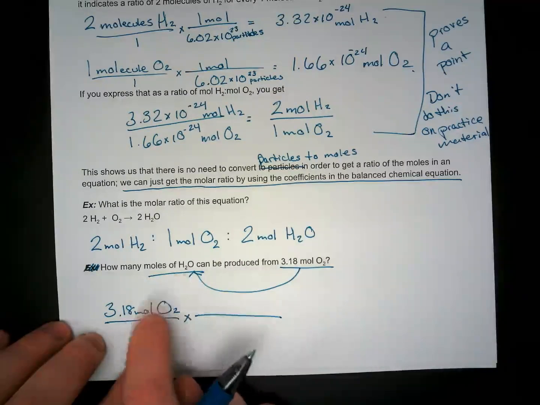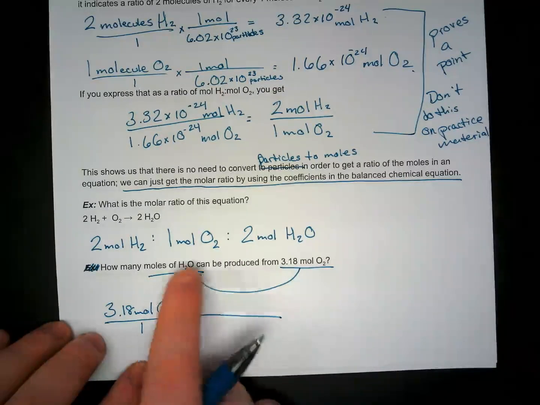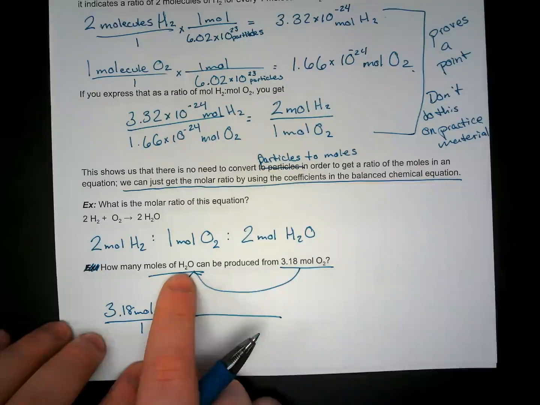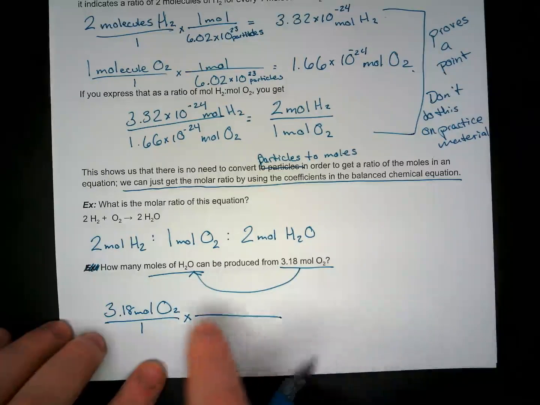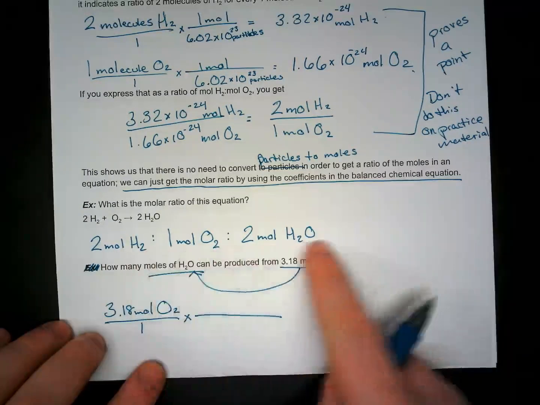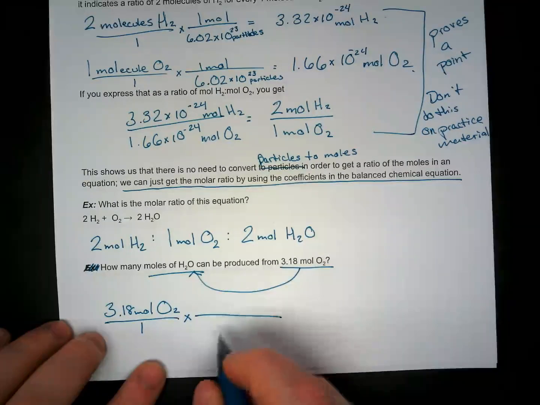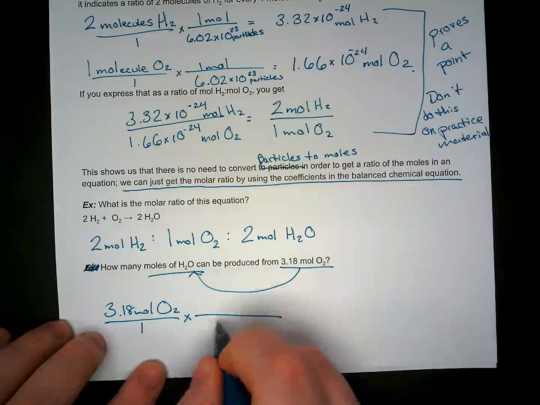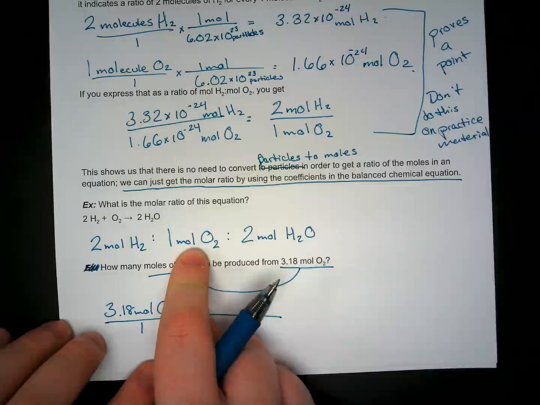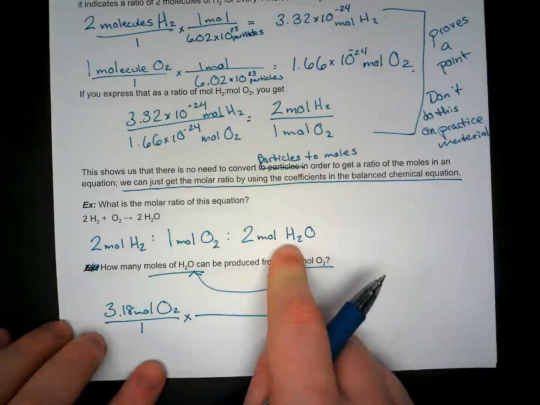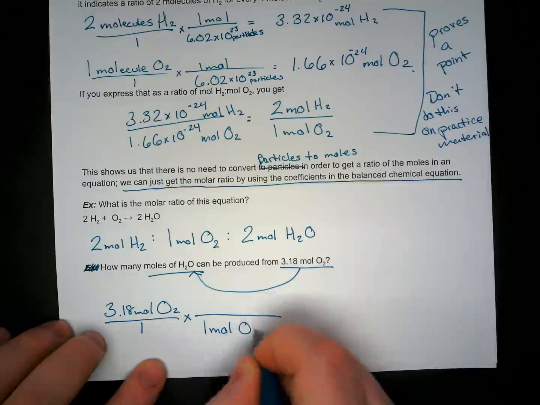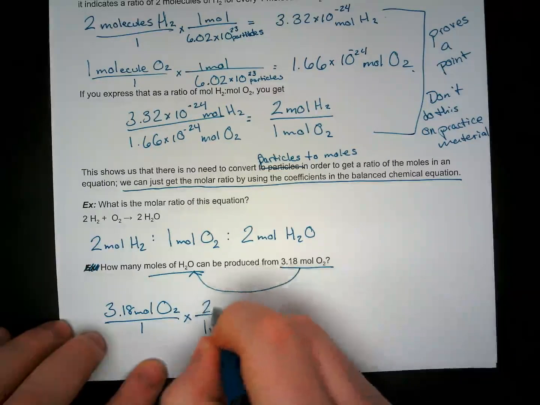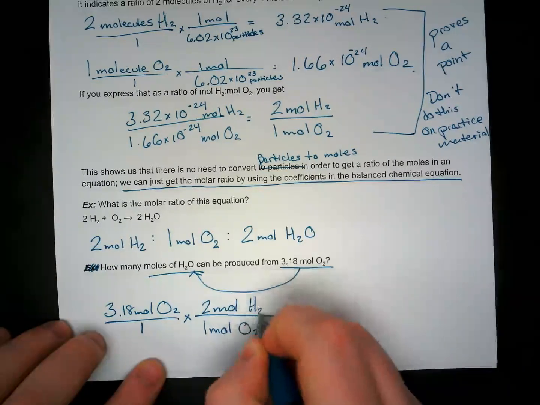So we have to convert moles of O2 into moles of water. Moles of O2, these are our old units, and we're going to be using the molar ratio down here in order to solve for this. Okay, well, I know that between the moles of oxygen gas and H2O, there's 1 to 2. So there's 1 mole of oxygen gas for every 2 moles of water.